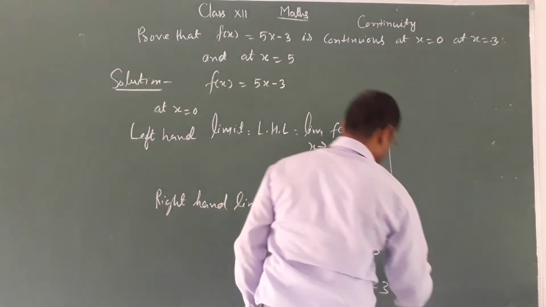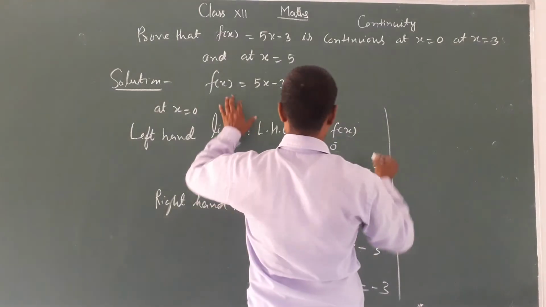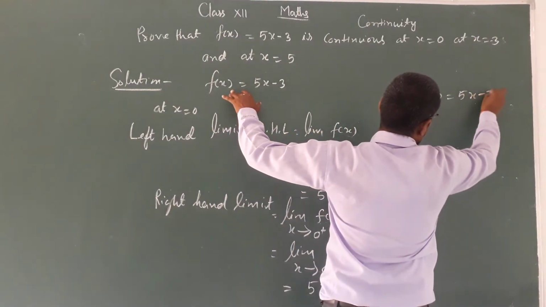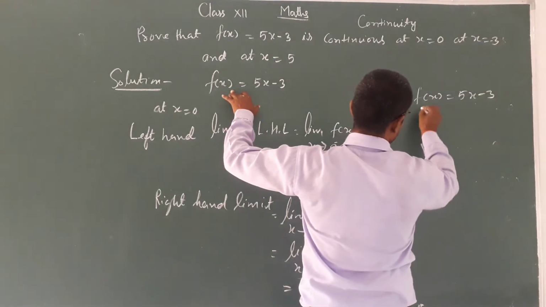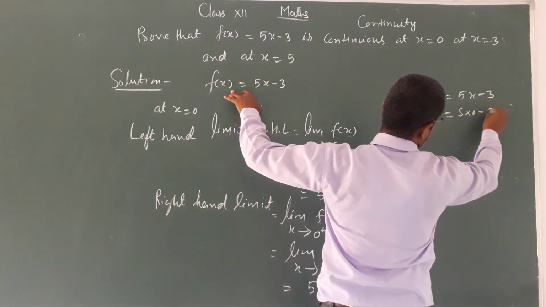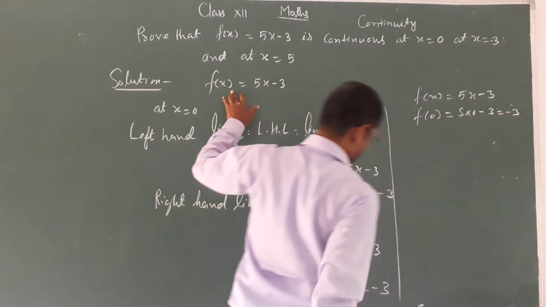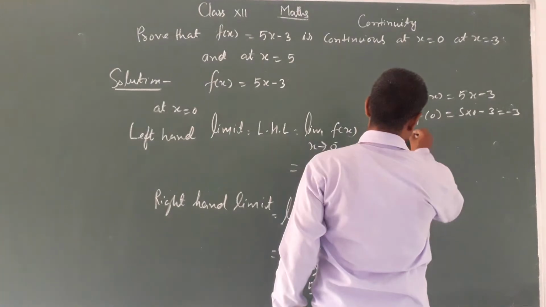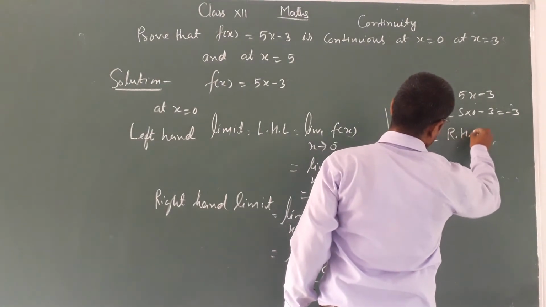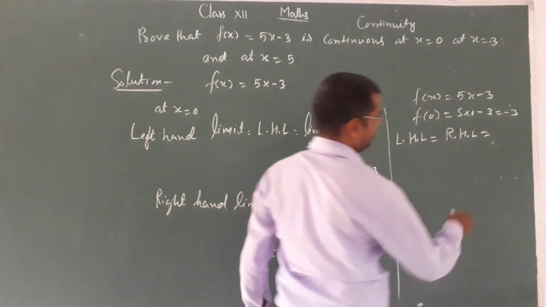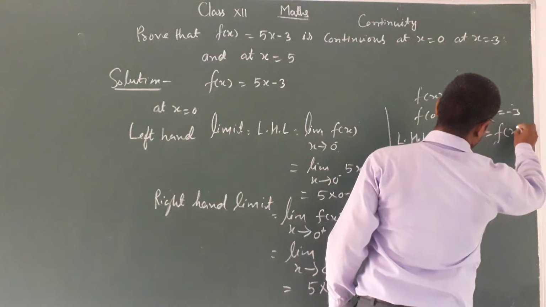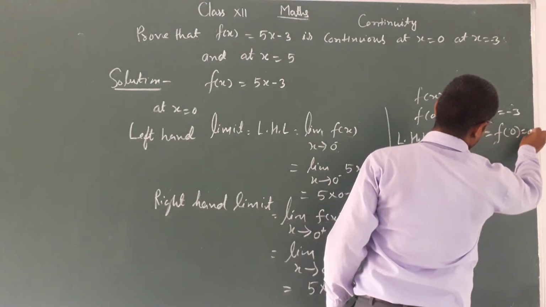And the value of f(x) at the point x equal to 0: f(0) is equal to 5 into 0 minus 3, which is equal to minus 3. So the left hand limit is equal to the right hand limit, which is equal to the value of the given function f(0).